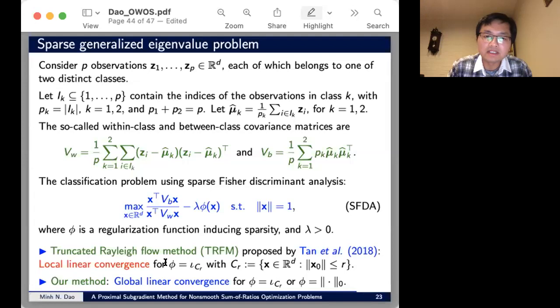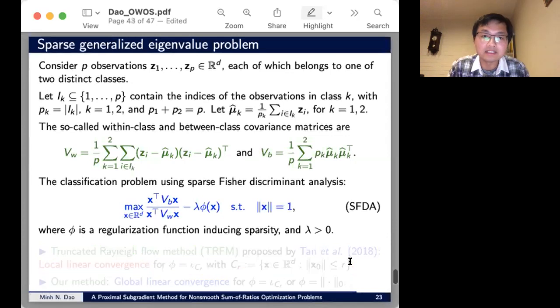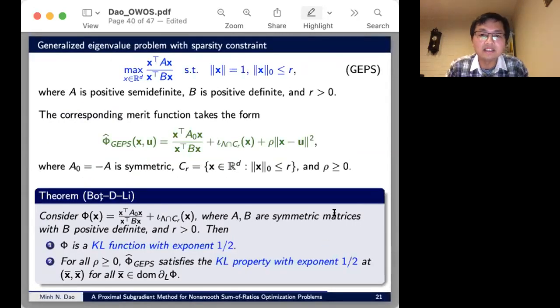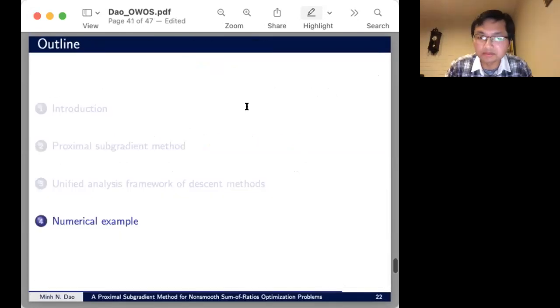In their case, they choose the function phi here as the indicator function of C_R. The C_R is defined like this, as before. So they are in this case, with the sparsity constraint.